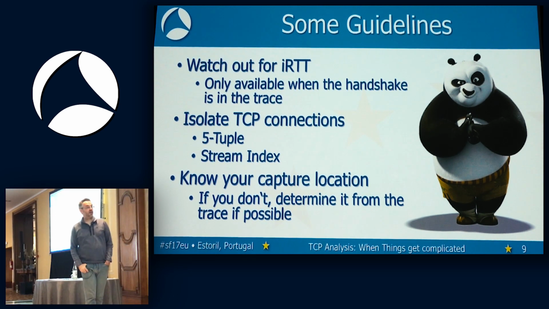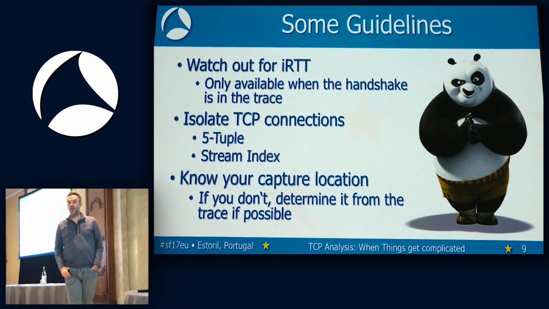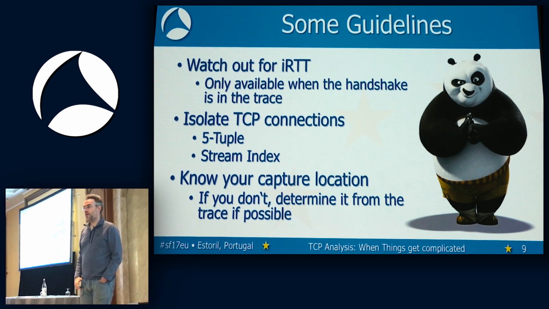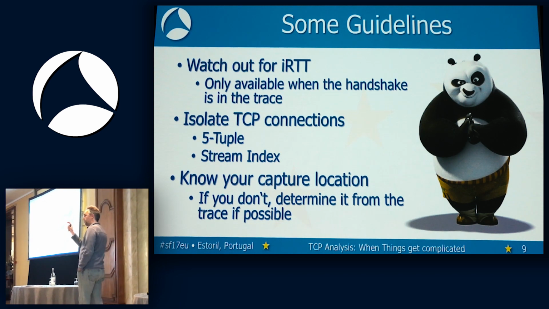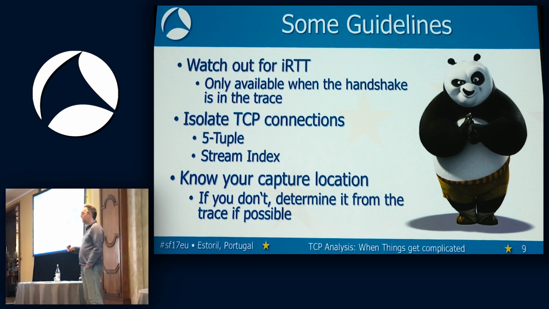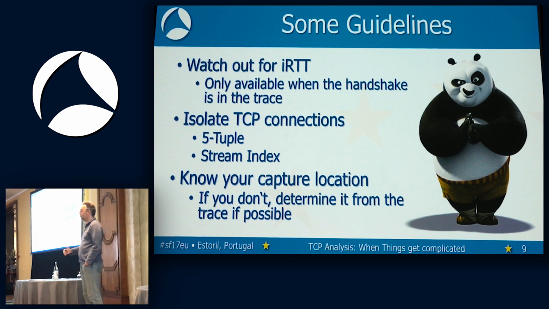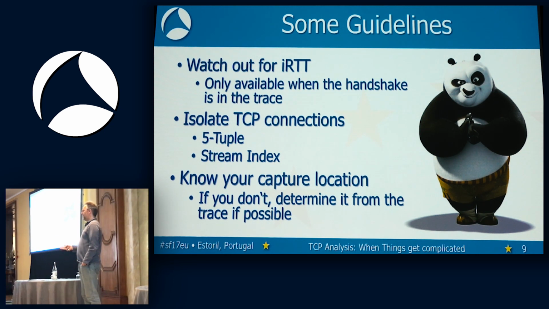And then there's the stream index, which most people use by saying follow TCP stream, which I absolutely hate because it's an extra step to close this content window again, and I don't like clicking one extra click. It's too slow for me. And some of the core developers look at me like, what are you doing? It's too slow. Really? Yeah, I even hate the find dialog because the mouse distance is too long.